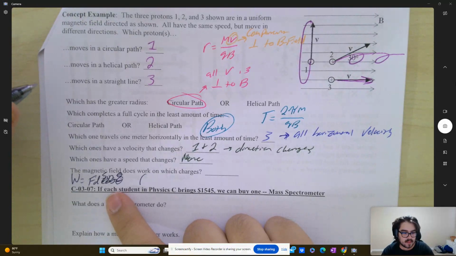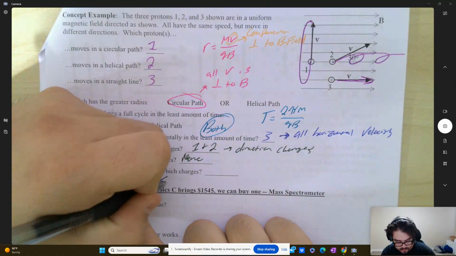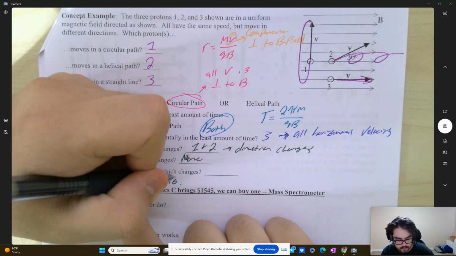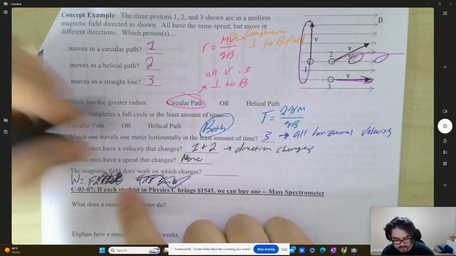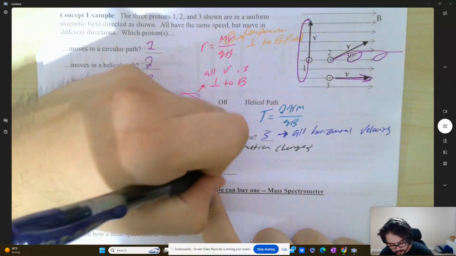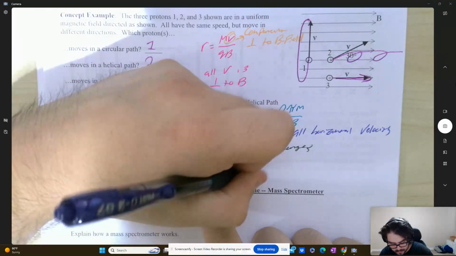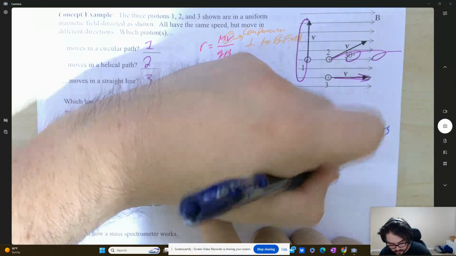And then if sine theta is... oh, wait, hold on one second. The bottom line is that it actually doesn't do work, because the B force is perpendicular to velocity.